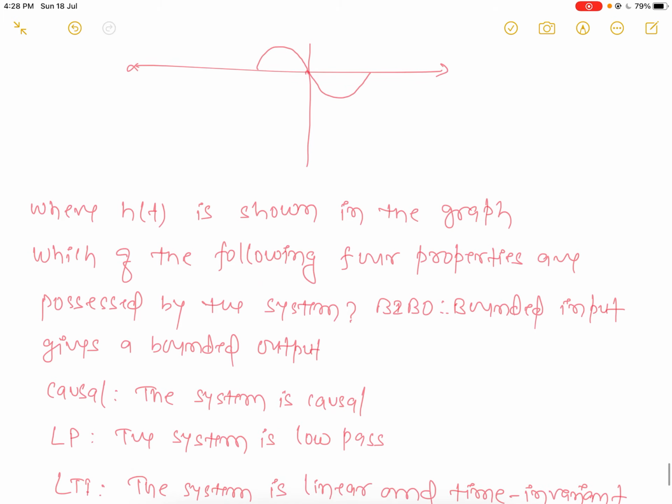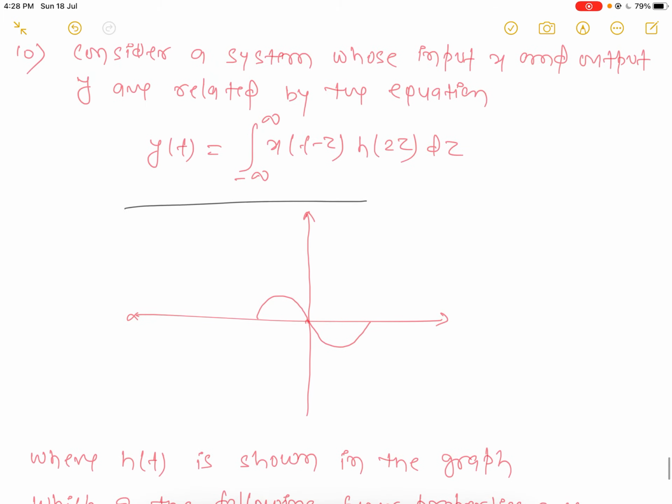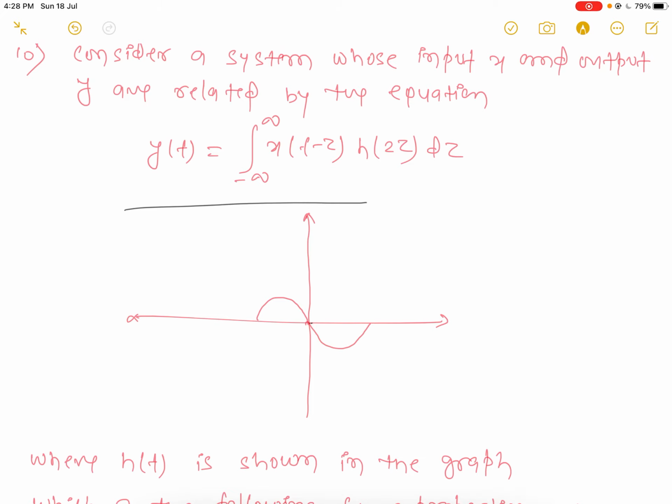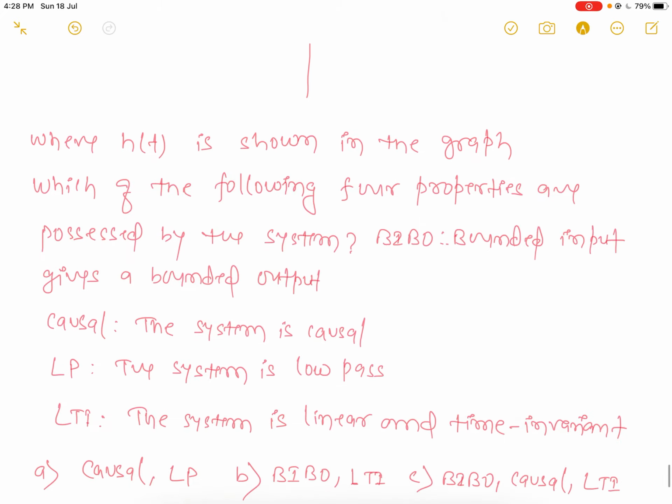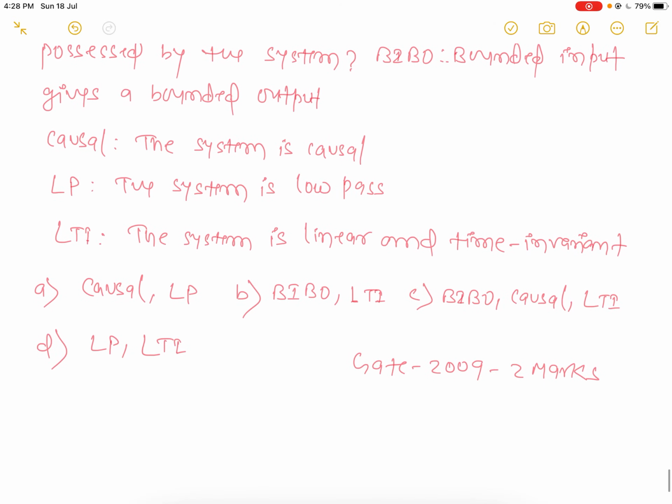It is not a low pass filter and it is also not causal, because our function is defined for t less than 0. So it will be not a low pass filter and not a causal system. So option A will not be the right answer.